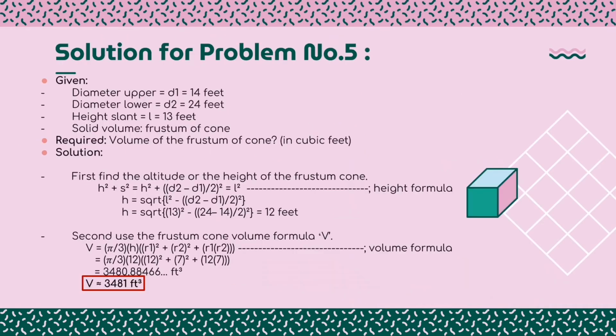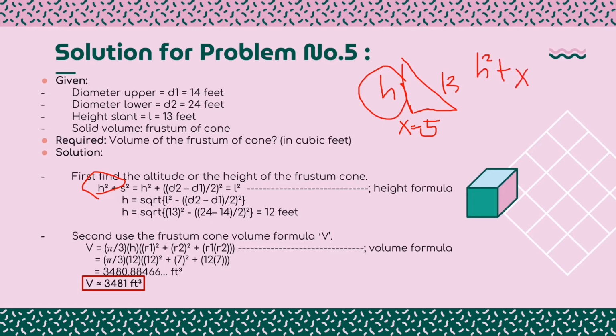For the solution to get the height of our frustum, we draw a triangle. We have here our slant height, our x, which is 5, and our unknown. To get h, we use the formula h squared plus x squared equals the slant length squared, where 13 is our slant length.